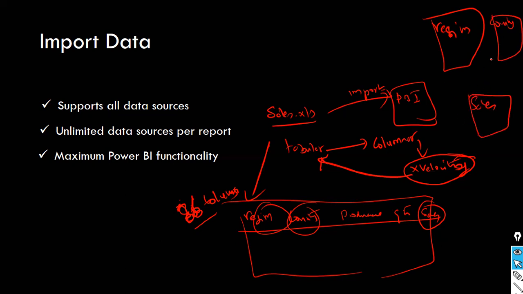In a columnar database, supposing I want to see the sales by country, by region, it goes directly to these columns and selects the data. That's it. Hence, the performance is faster.